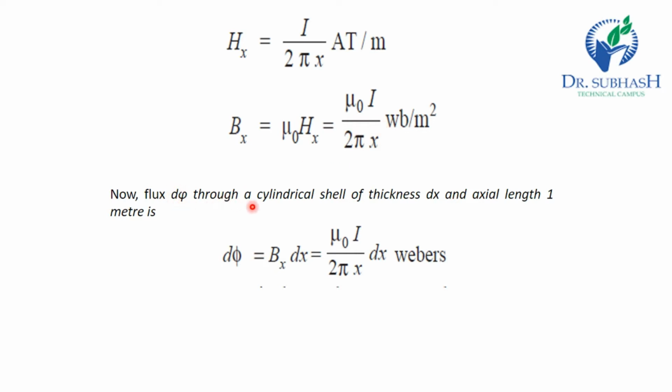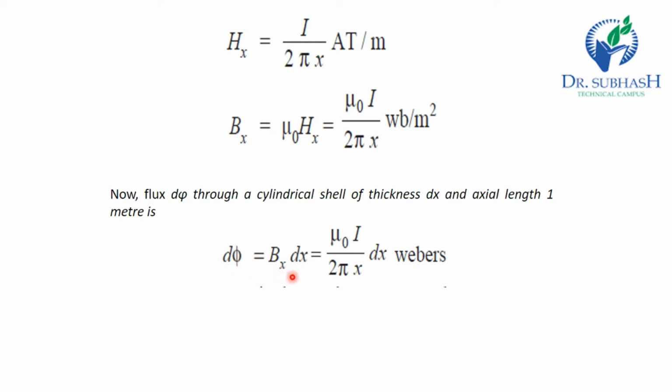Now the flux dφ through a cylindrical cell of thickness dx and axial length 1 meter is equal to flux density into area. Area is equal to width dx into axial length 1, so the area is dx.